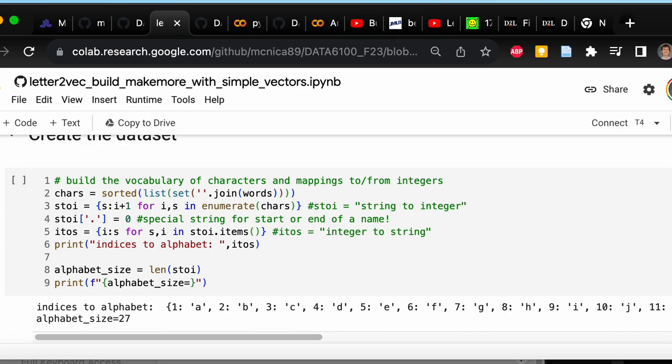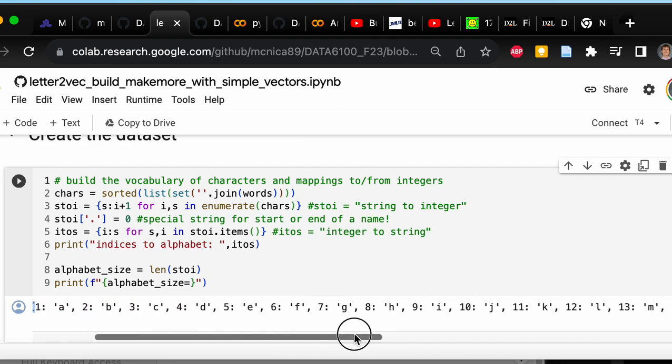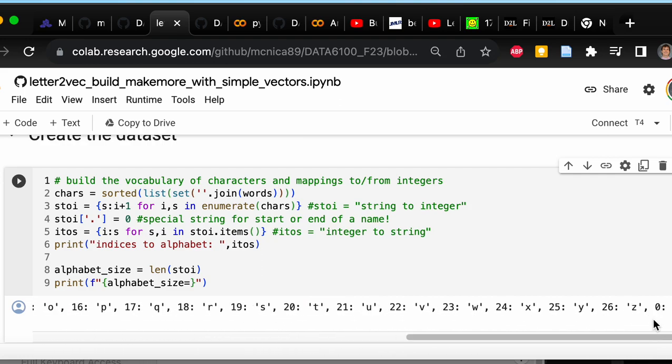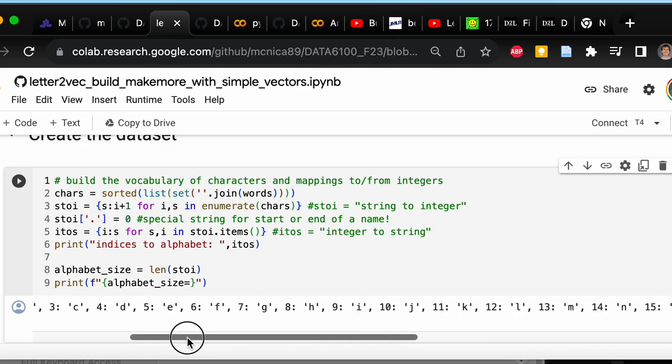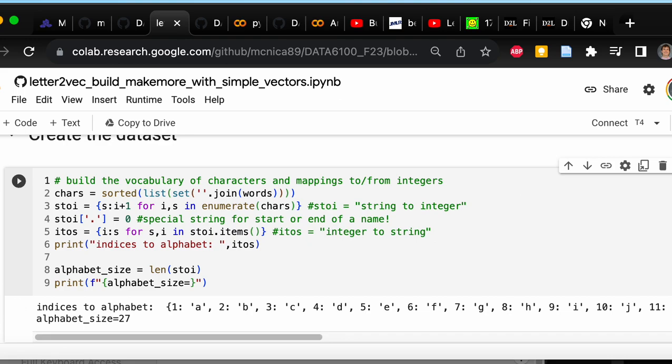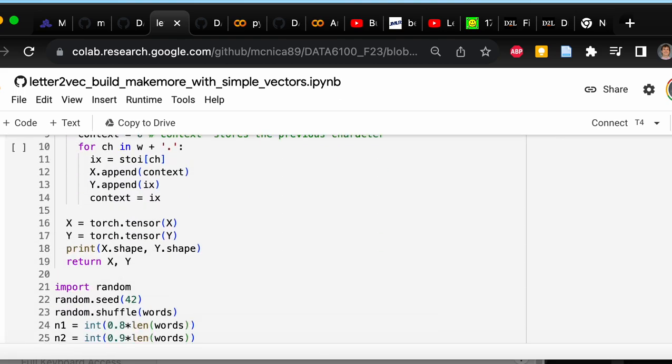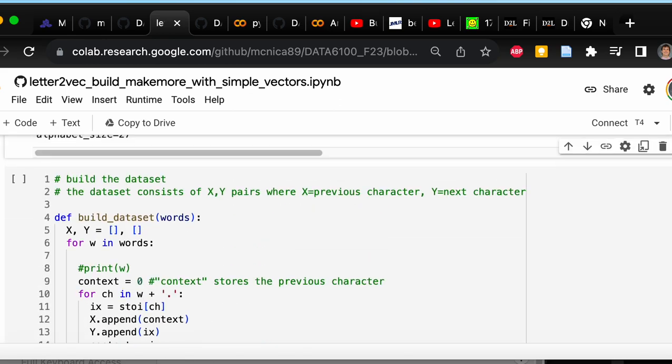I have an alphabet size. It's not 26, it's 27, because I have A, B, C, D, E, F, G, H, I, J, K, L, M, N, O, P, all the way up to Z, but then also including dot. And dot means end of the word. Okay, and then I make my data set. Here's the data set, and you just loop through the whole thing and build it.